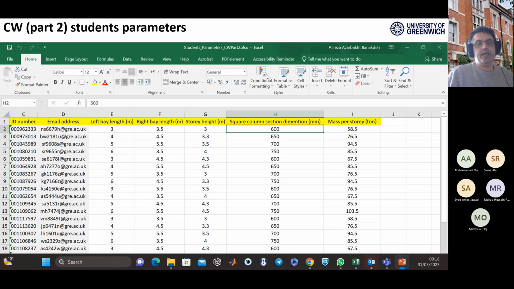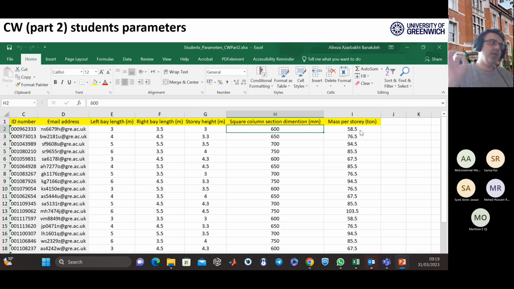The H column gives you the square column section dimension in millimeters. It means that all the columns have a square section, and the dimension is 600 millimeters all along the 10 stories. And the mass per story in tons, for example this one, is 58.5 tons.